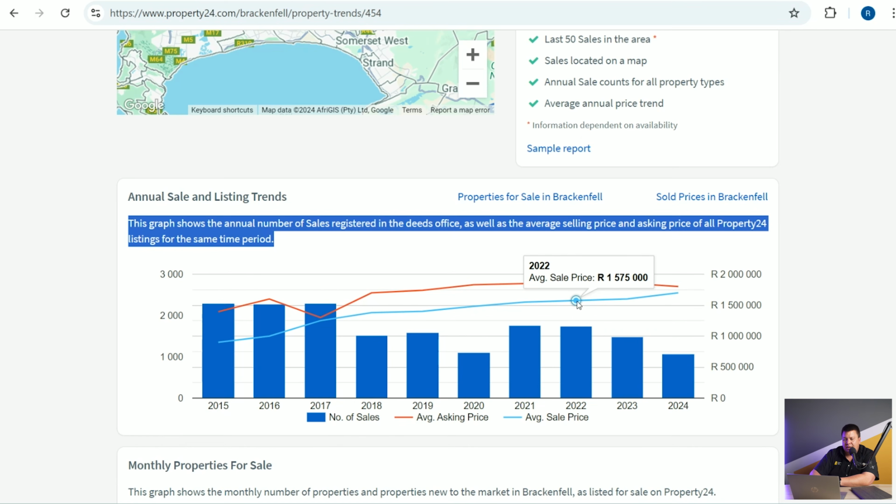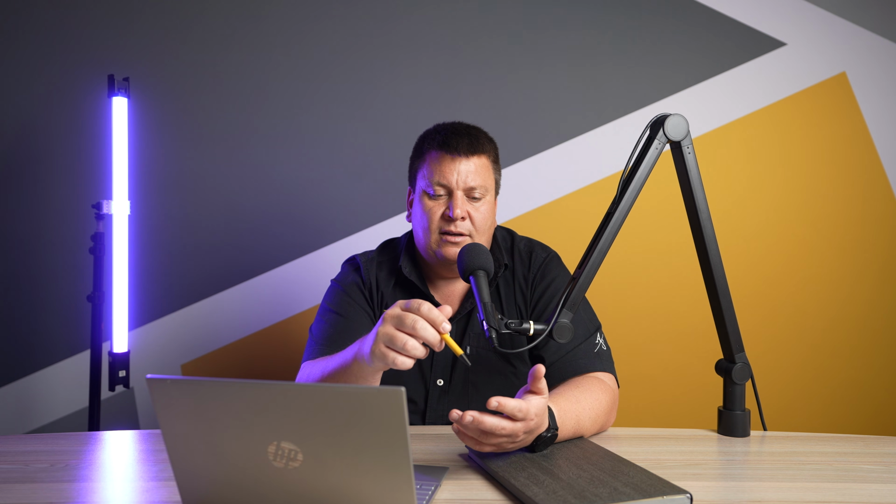So if we're looking at the registrations, which is the deeds office, that includes every single transfer of property, whether it be sold by an agent, privately sold due to a deceased estate, liquidation, auction, transfer between partners, divorce settlements, any property that's transferred.